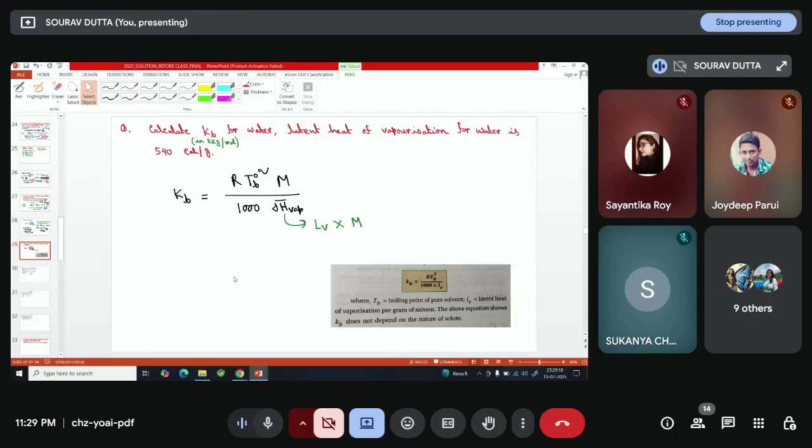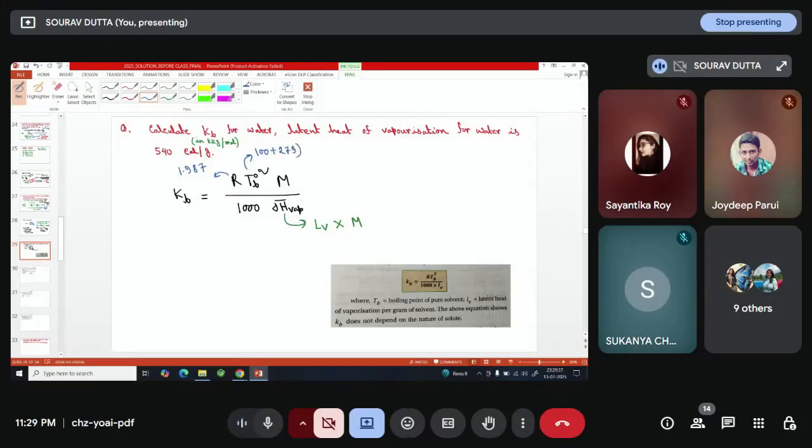So R, if you write your R value here, basically this is given in calorie unit, so you have to write 1.987. Tb naught we all know 100 degree, but here you have to put in Kelvin scale, so 100 plus 273.